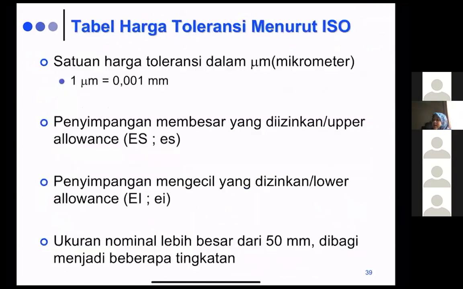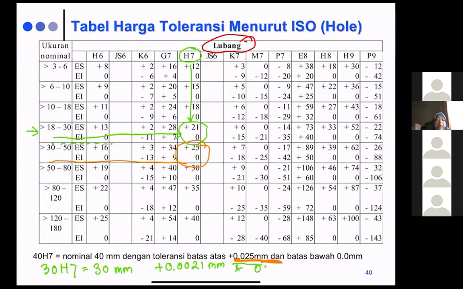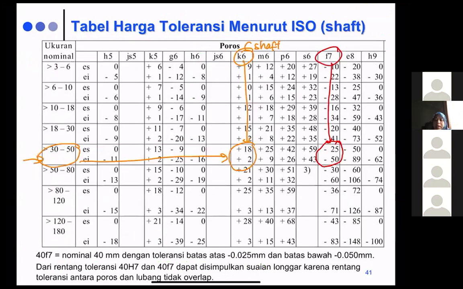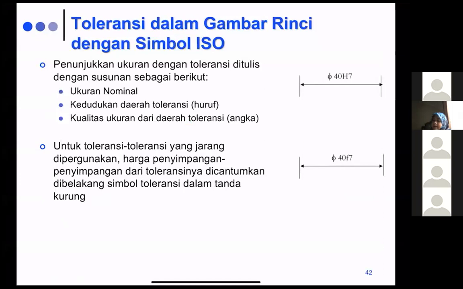Basically, later on we have to read which one is the part, and it is based on the nominal size for the hole and also for the shaft. Also, how you write the tolerance in the drawing. For example, you have a distance between 2 points like this.